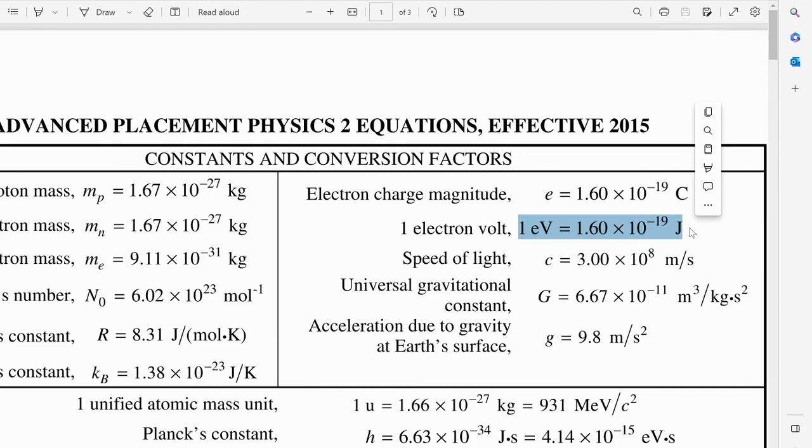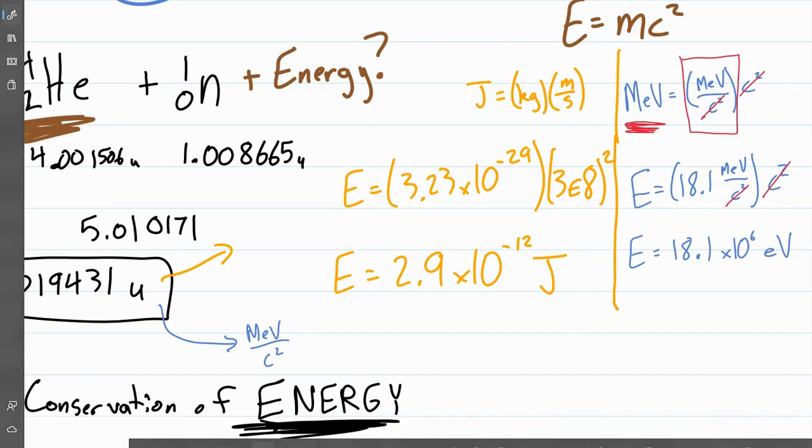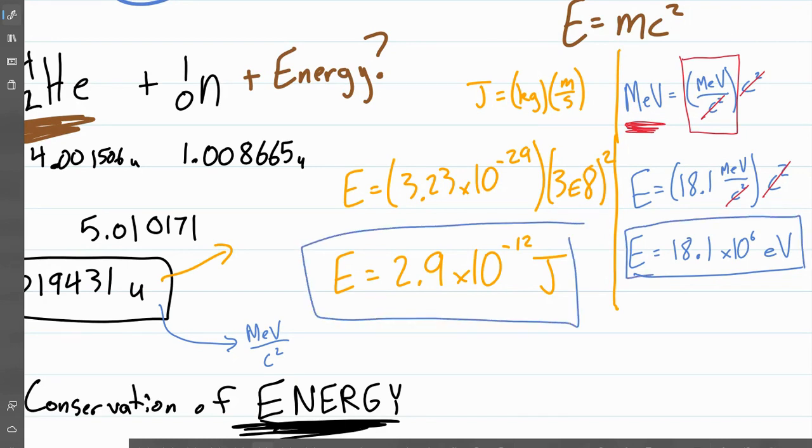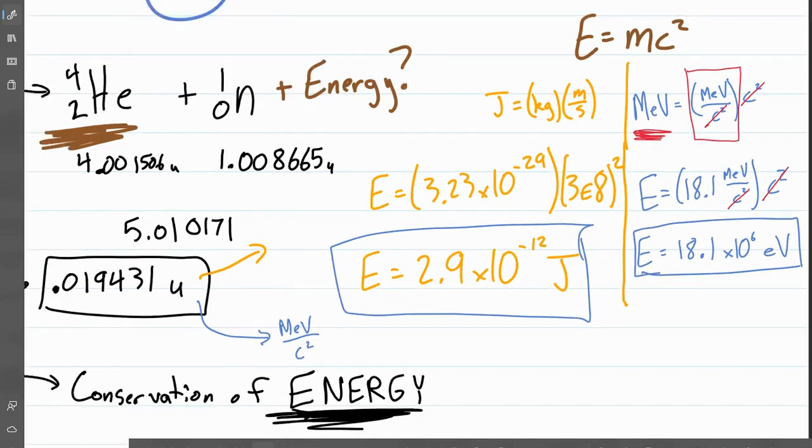So if we take our energy in electron volts, this 18.1 times 10 to the 6 electron volts, and multiply by 1.6 times 10 to the minus 19, I get 2.9 times 10 to the minus 12 joules. There we go. So these are the same answer. Whichever one you pull out is the same answer. They're equivalent. It just depends how AP asks you the question.